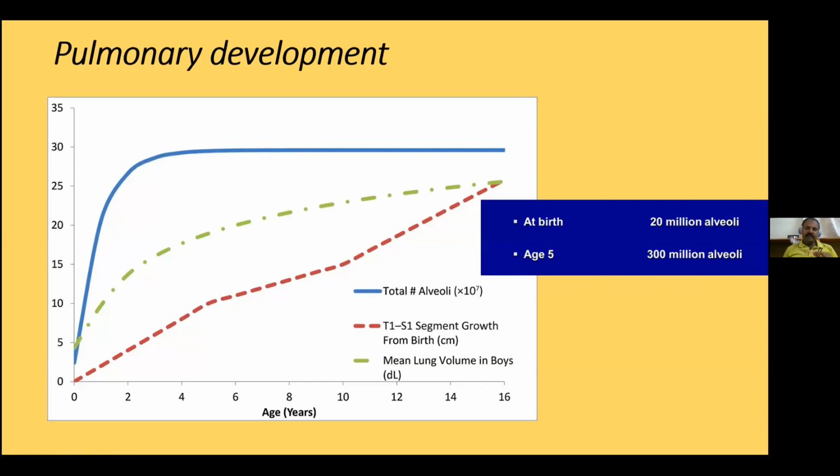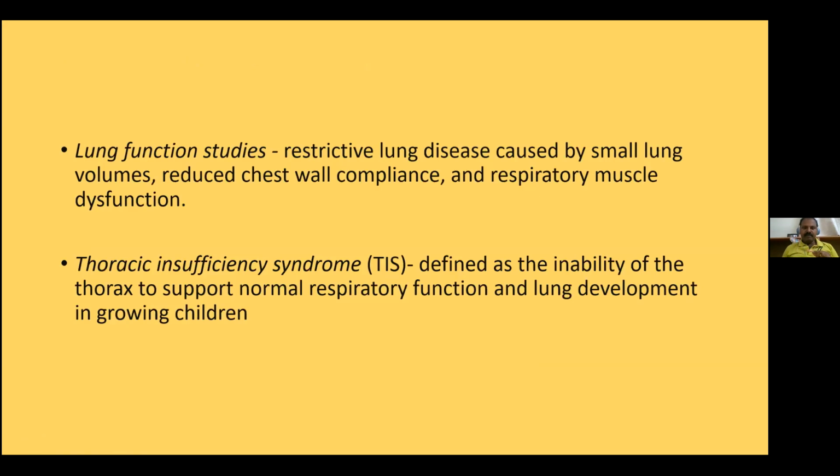So if there is a curve and then there's a compromise on the thoracic cavity, then there's a compromise on the lung volume, and then you have the restrictive lung pattern and thoracic insufficiency.